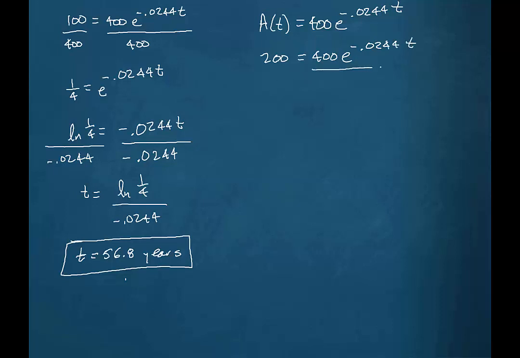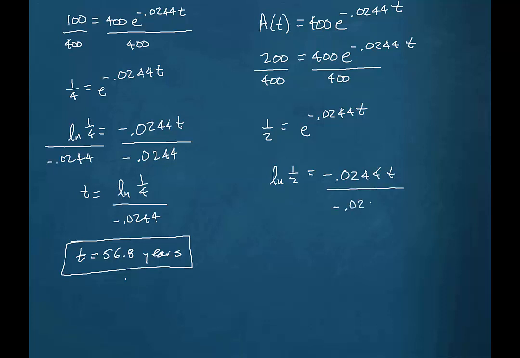We'll divide both sides by 400, and now we're going to have a half is equal to e raised to the minus 0.0244t. And we'll rewrite this in its log form. So we have the natural log of a half is equal to minus 0.0244t, and we'll divide both sides by minus 0.0244.